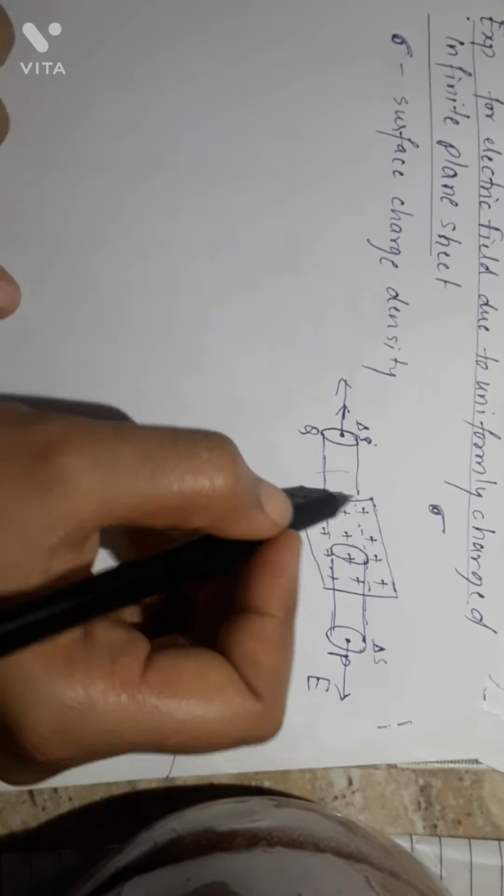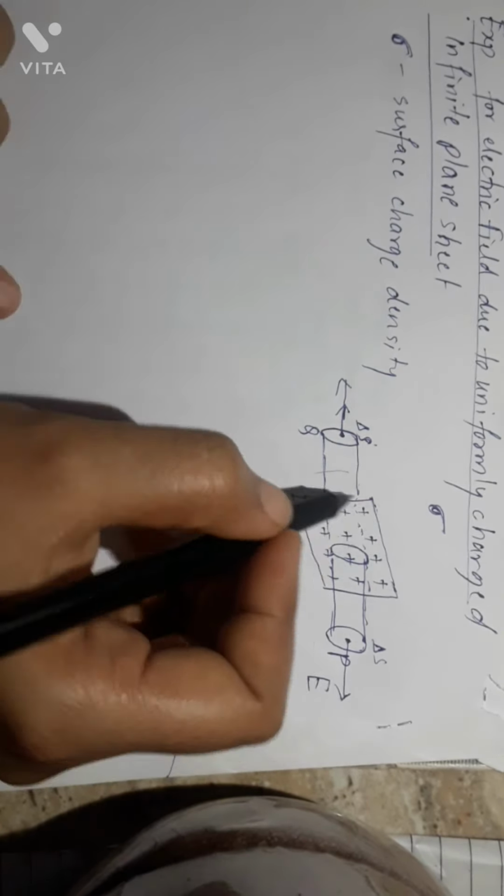Why is the total flux through the curved surface of the cylinder equal to 0?